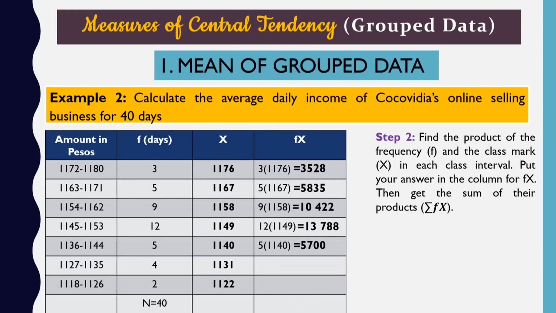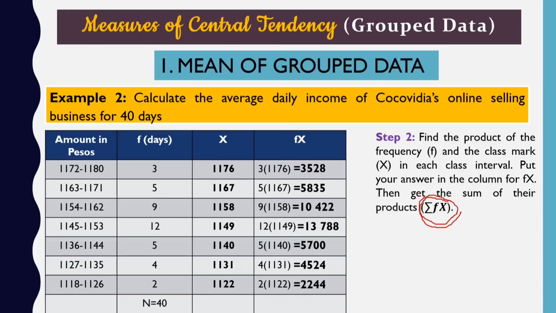And then 4 times 1131 is equal to 4,524. And the last pair, 2 times 1122 is equal to 2,244.